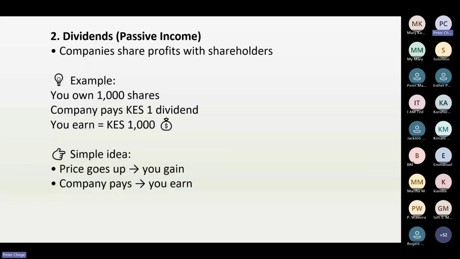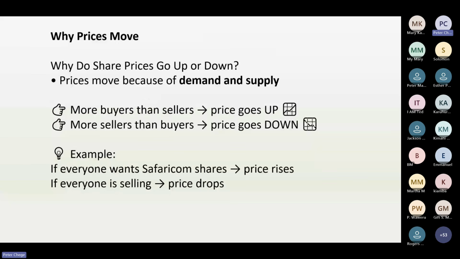So then we come to price movement at the NSE. We have seen prices going up and down, but why does that happen? In the NSE, we have two kinds of people: the person who is buying and the person who is selling. Just the same way in the market, you have people who are buying products and people who are selling them. If there are more people buying than sellers, prices will always go up.